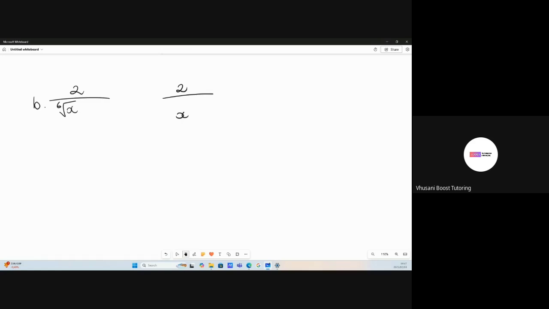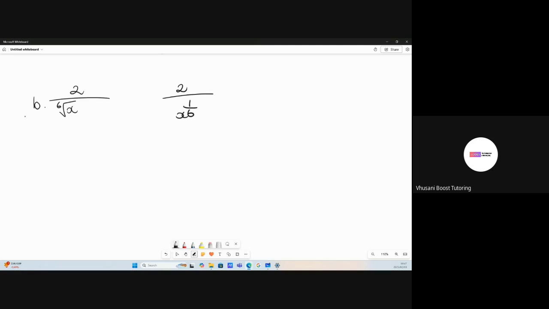Yes, that's basically it. Remember, we are trying to get rid of the roots in the denominator. So what will we do? Come on, guys, let's hear it.